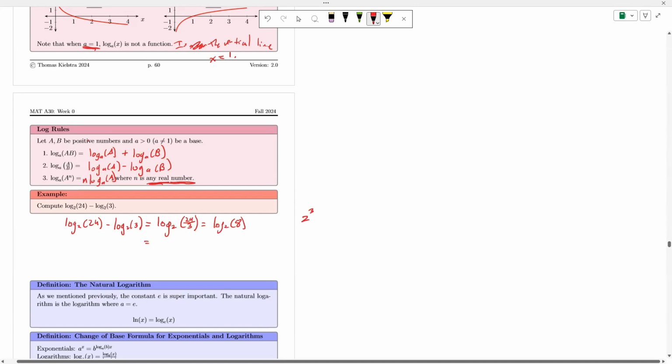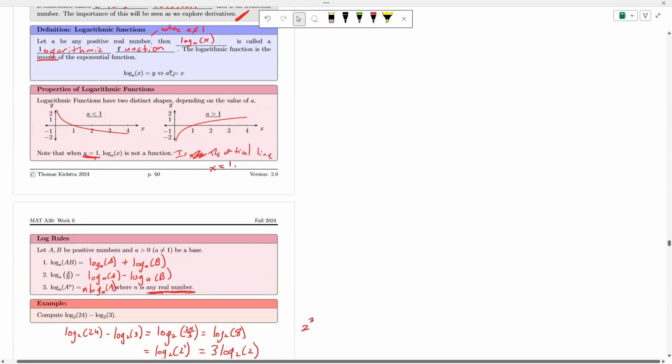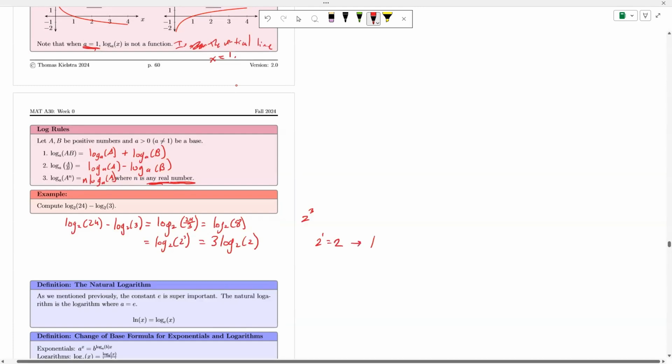So this equals log base 2 of 2 to the 3, which equals 3 log base 2 of 2. Now, for log base 2 of 2, we ask ourselves, 2 to what number gives me 2? And that number is 1. So 2 to the 1 equals 2 implies that log base 2 of 2 equals 1. So this equals 3 times 1, which equals 3.